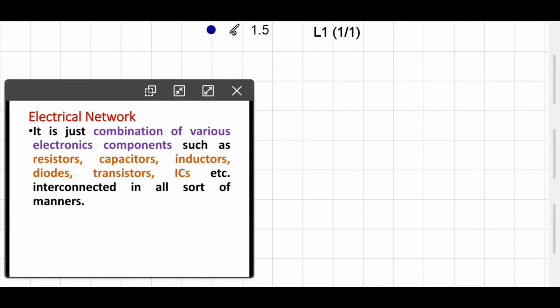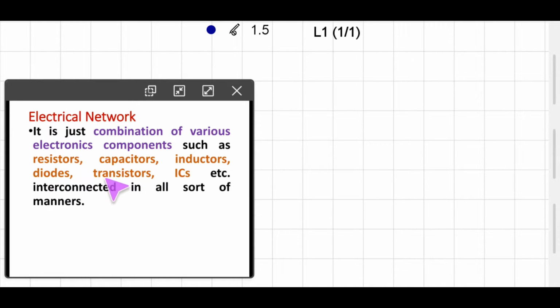So friends, we are concentrating on our chapter. So see, here we are talking about the electrical network. So what is meant by electrical network? It is just a combination of various electronic components such as resistors, which oppose the flow of current or flow of charges, capacitors, which are devices that store charges, inductors, which are devices that induce an EMF in the circuit, and diodes, which are unidirectional devices.